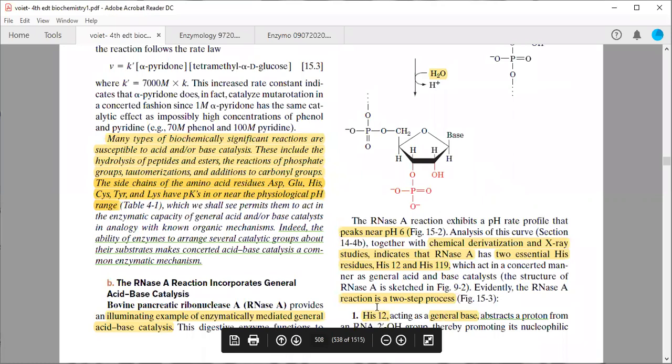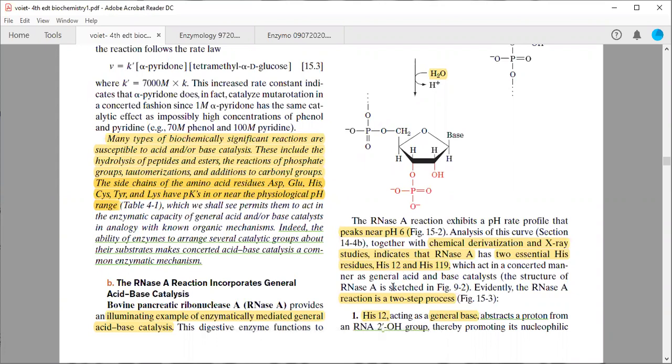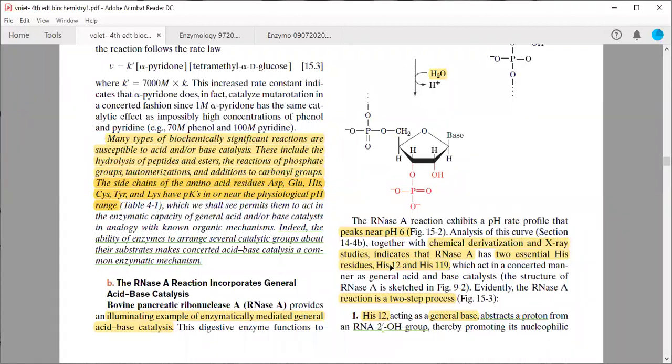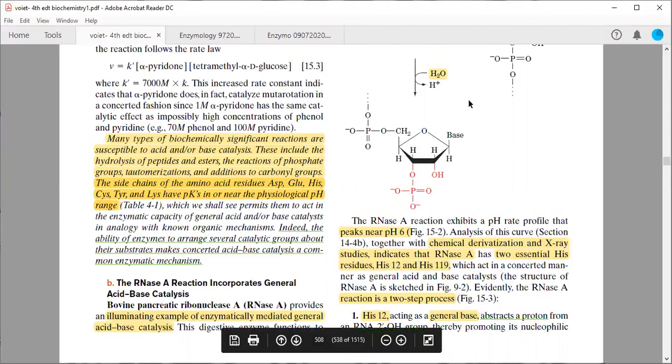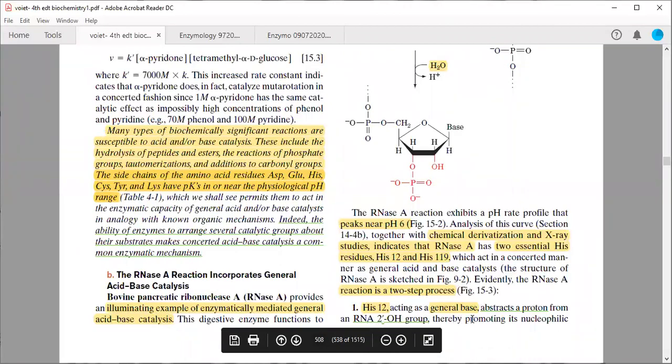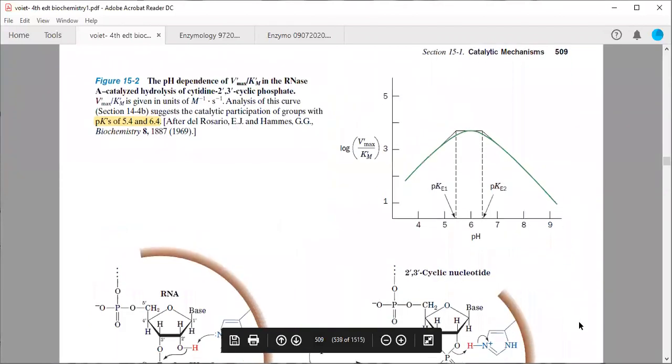First, the histidine with the smaller number, the 12th, the N-terminal histidine, is present on the N-terminal side of the enzyme amino acid sequence, and it acts as a general base. It removes the proton from the 2' OH group of the RNA, thereby promoting its nucleophilic addition to the other molecule. So see here.